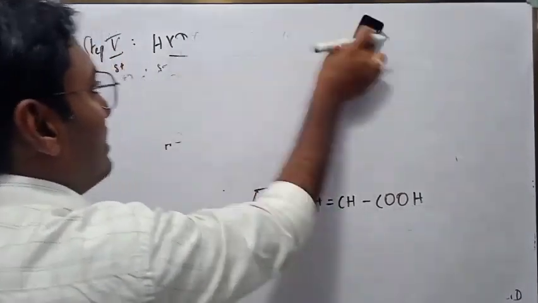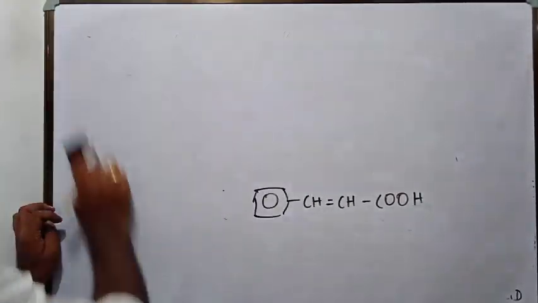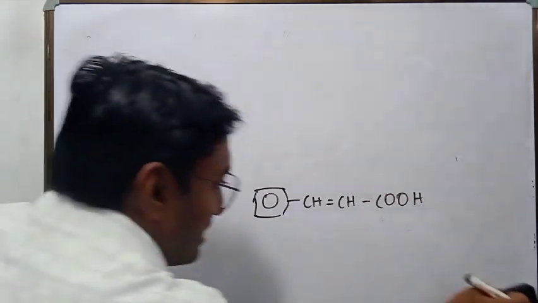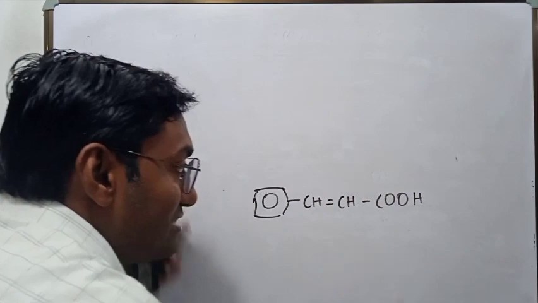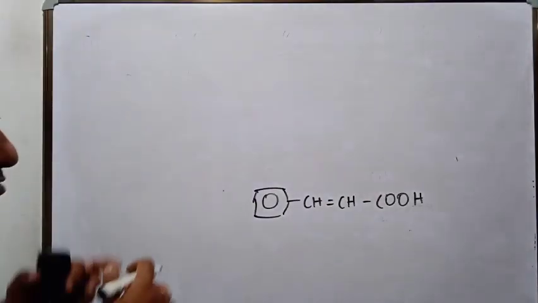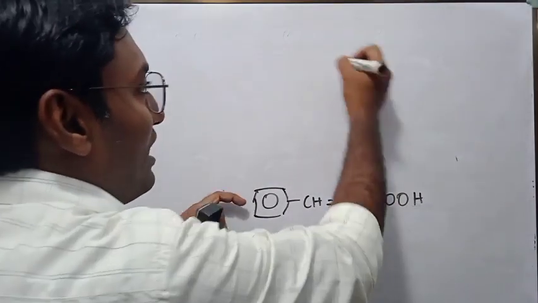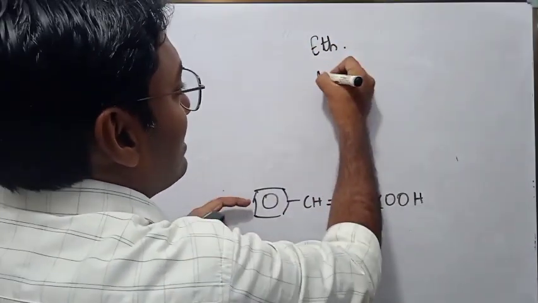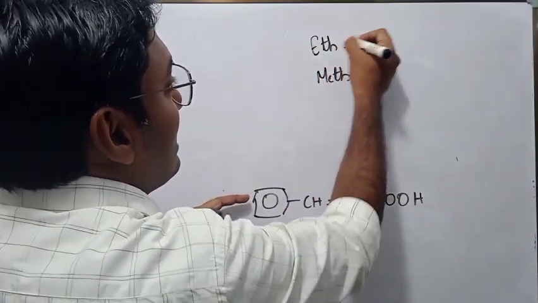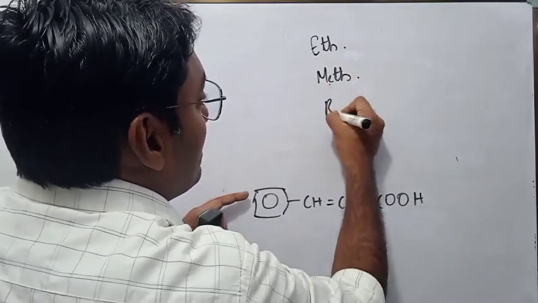Let us now go for the significance of cinnamic acid. So this is cinnamic acid. Cinnamic acid itself is used as a flavoring substance. And there are other compounds, derivatives of cinnamic acid, for example ethyl cinnamate, methyl cinnamate, benzyl cinnamate.